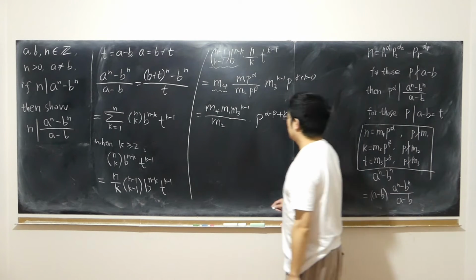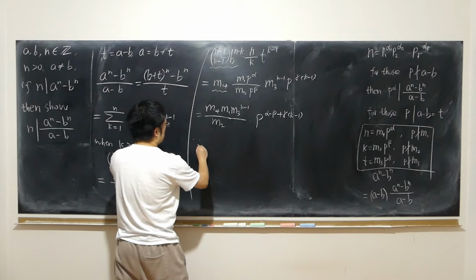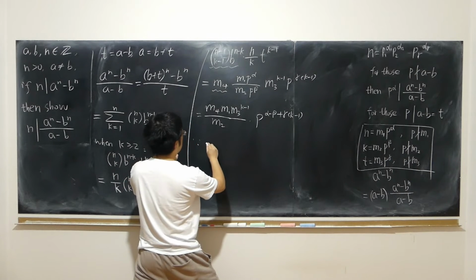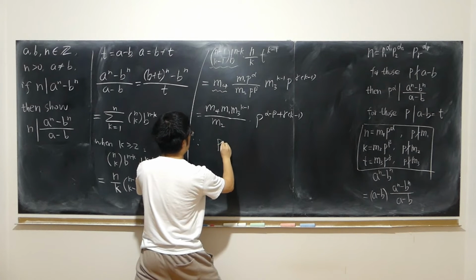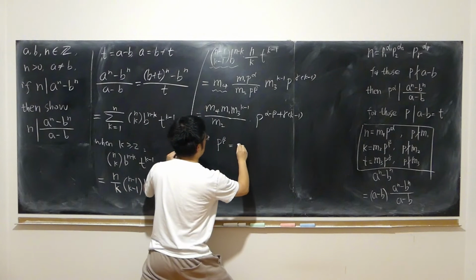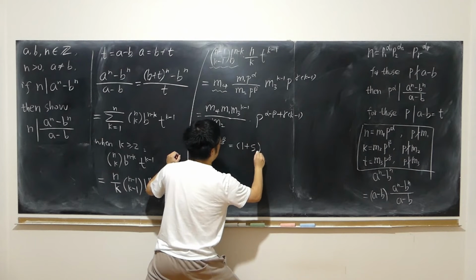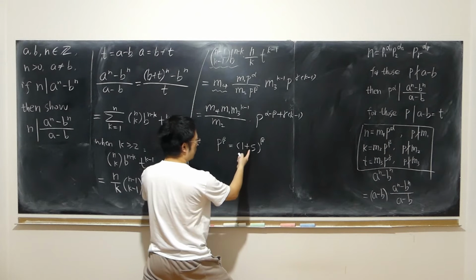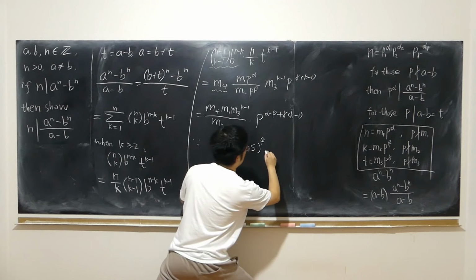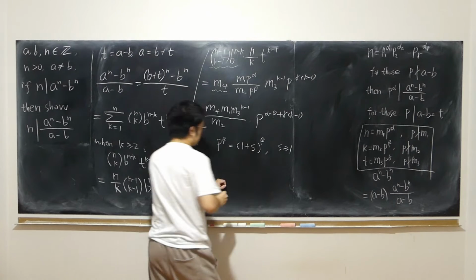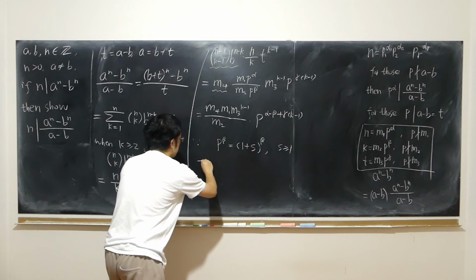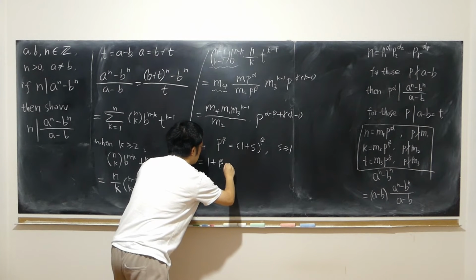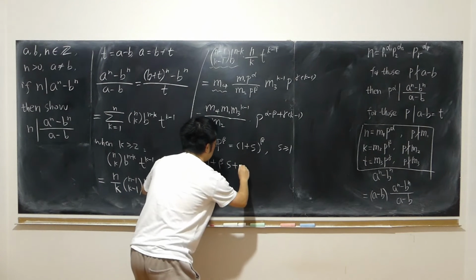Because p to the beta equals one plus s to the beta. P is a prime, at least 2, so s is at least 1. So by binomial expansion, it is at least 1 plus beta times s, plus the other terms.